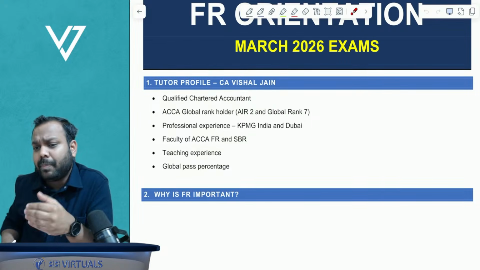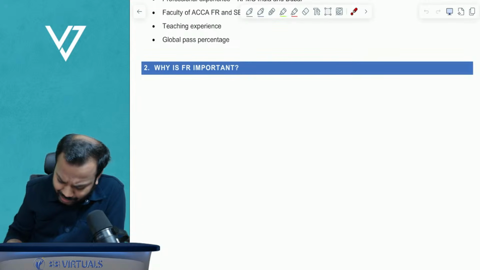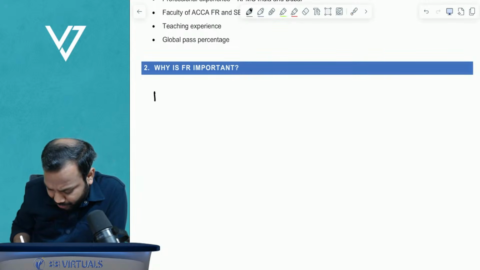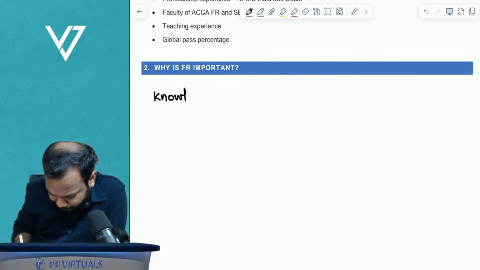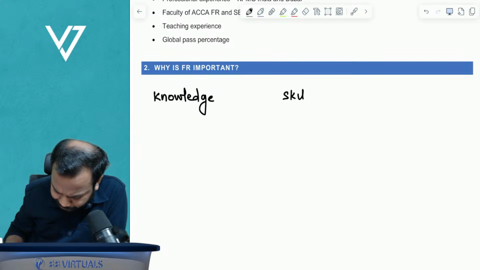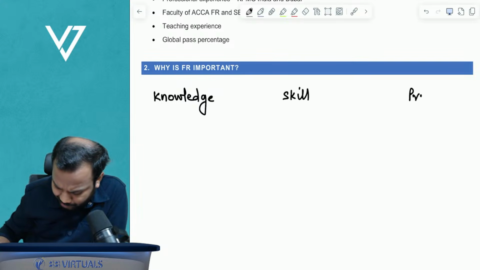But let me give you a brief about it. In ACCA, I believe you know, we have three levels, right? One is the knowledge level, another is the skill level, and another is the professional level.